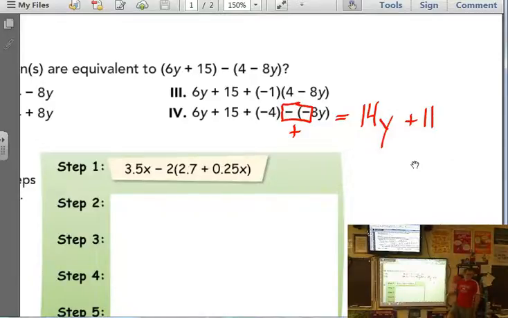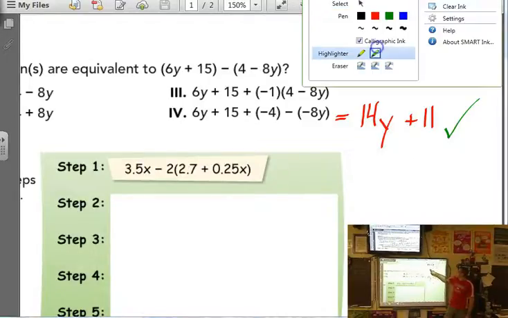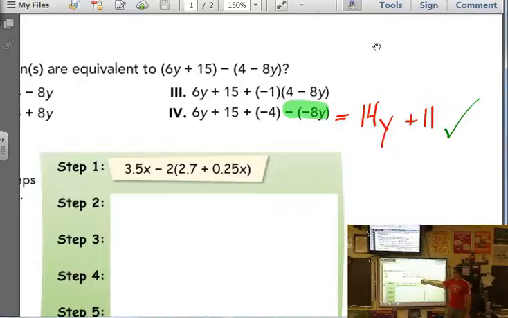So does it work? So it says negative 8y. But minus a negative is plus a positive. Oh yeah, that negative next to the 8y just completely goes away. Never mind. This becomes plus negative 4 plus 8y.